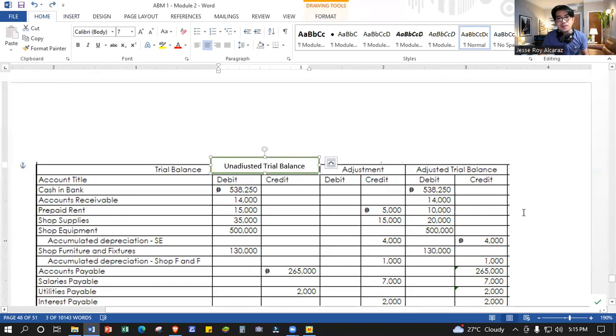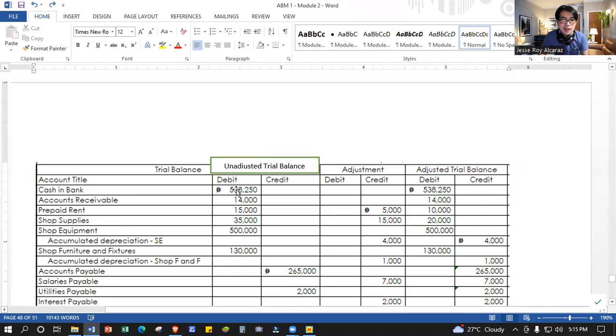For example, cash in bank: in the unadjusted, we have a debit of 538,250. There is no adjustment, so you just carry forward the balance. Accounts receivable, 14,000 debit, no adjustment, just carried forward. For the prepaid rent, debit 15,000, but there is an adjustment credit.